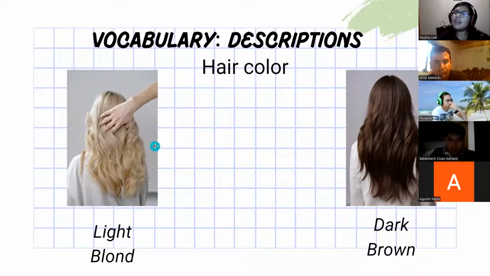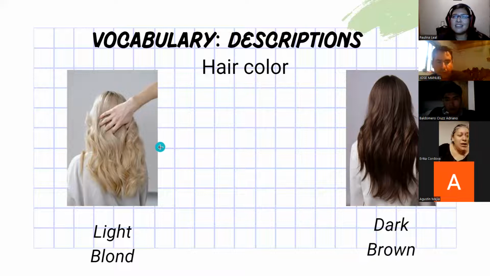Yo no diría en la vida real, tiene el pelo amarillo. ¿Cómo lo diría? He has blonde hair. Exactly. She has blonde hair. Okay. Blonde hair. Yo no digo amarillo, yo digo rubio, right?